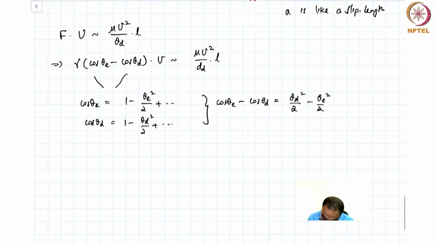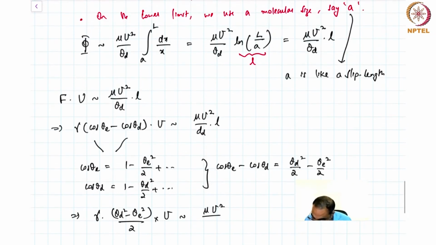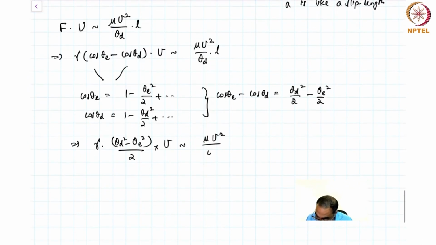Okay, and this immediately gives me gamma times theta d square minus theta e square by 2, multiplied by velocity, will give me mu u square by theta d times this L, right?